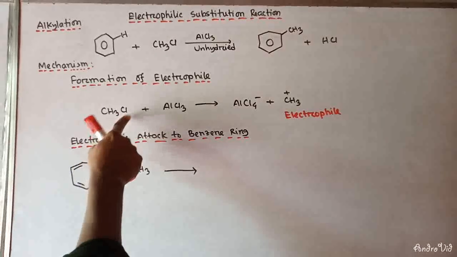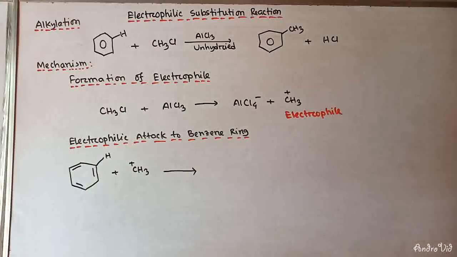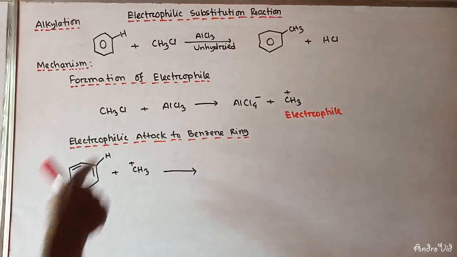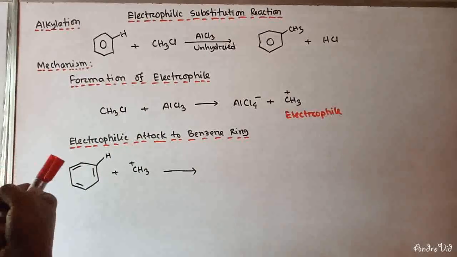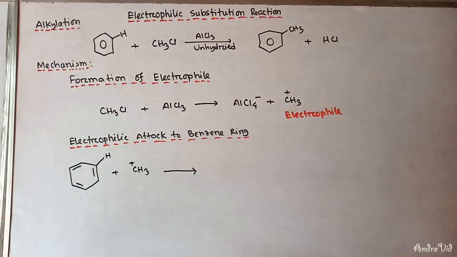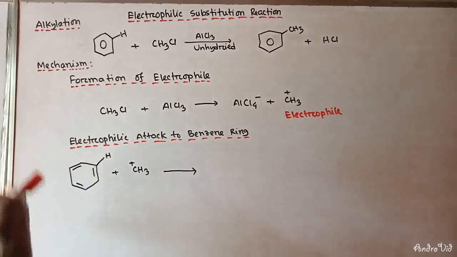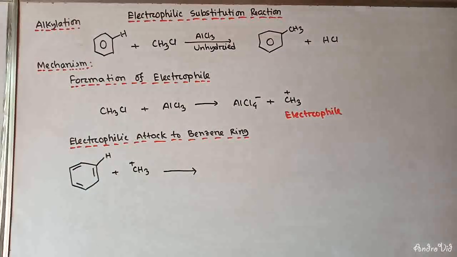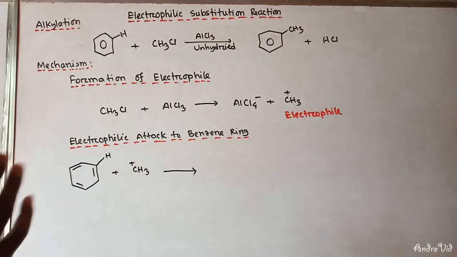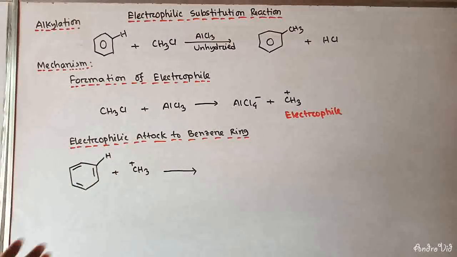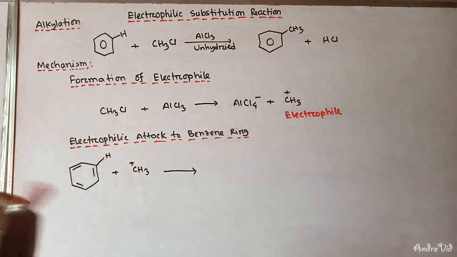Chlorine acts as the electronegative element, so this chlorine atom tries to remove itself from the compound by gaining the bonding pair of electrons, converting into the negatively charged Cl minus.